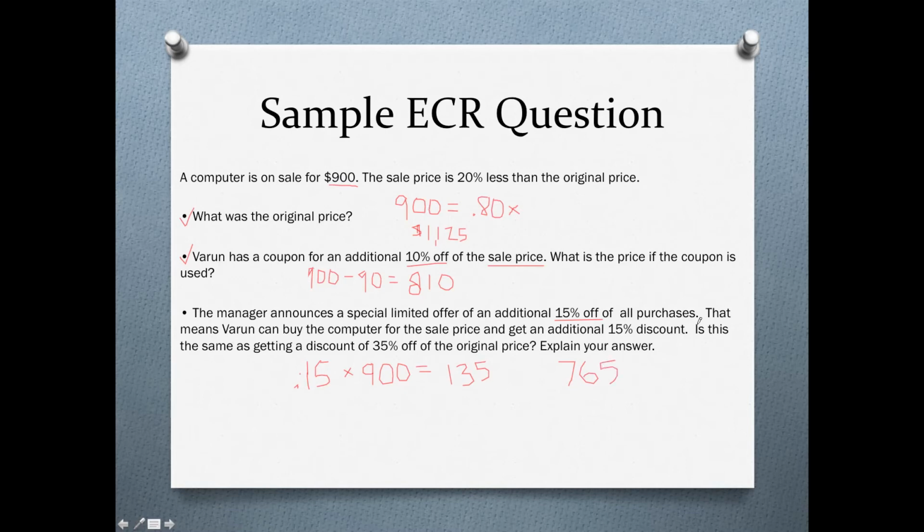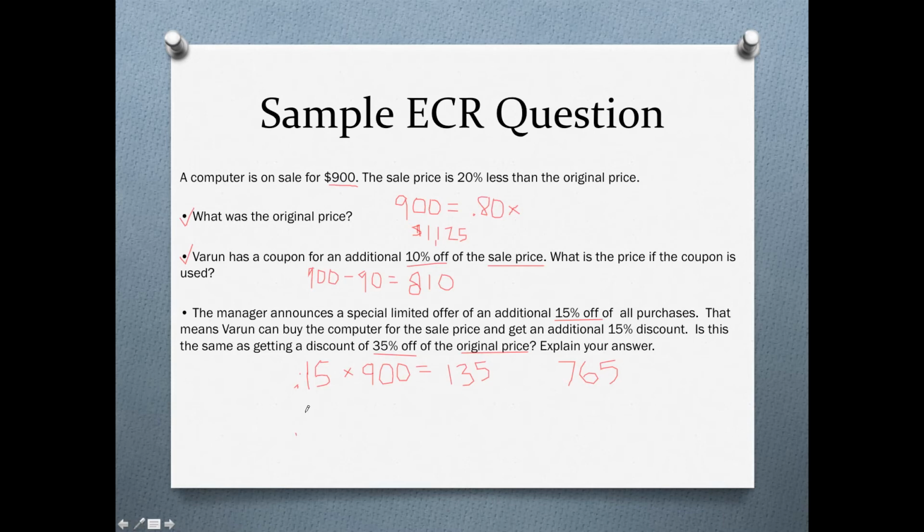Okay, but then there's also another scenario. They want to know if this is the same as getting a discount of 35% off of the original price. So the original price we found here was $1,125. What's 35% of that? We're going to multiply again.